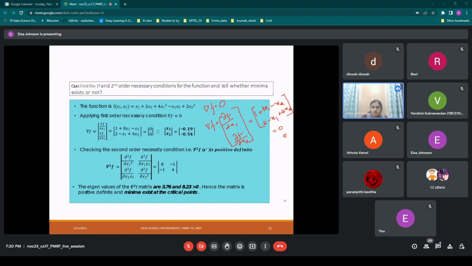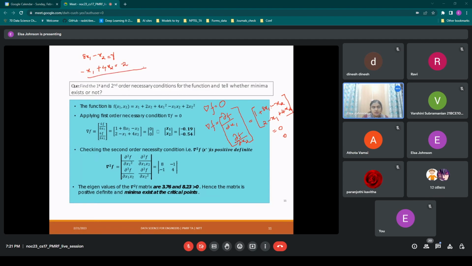Okay, so you'll be getting two equations. It's something like, I'll just write here, 8x1 minus x2 equal to minus 1, and minus x1 plus 4x2 equal to minus 2.